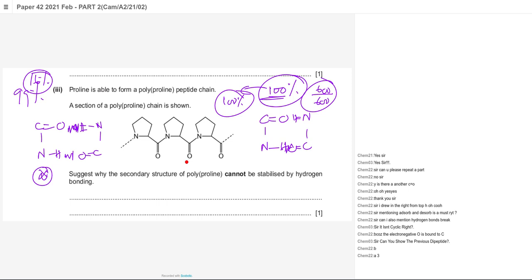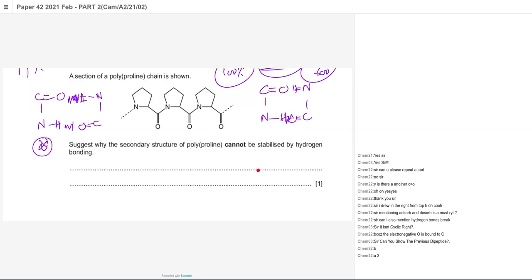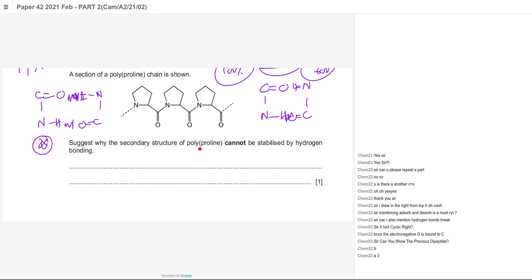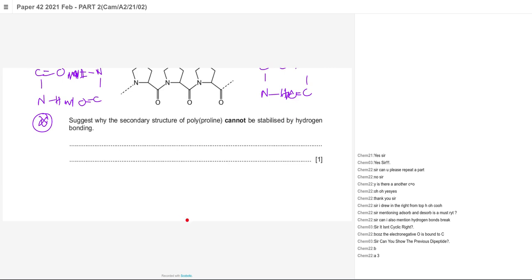But if I am to write, this is what I write about steric hindrance, which should be accepted, right? Got it? Nothing else I can think of, to my understanding. The only way to check is after a few months when the marking scheme is out. But this is definitely the steric hindrance. Got it?